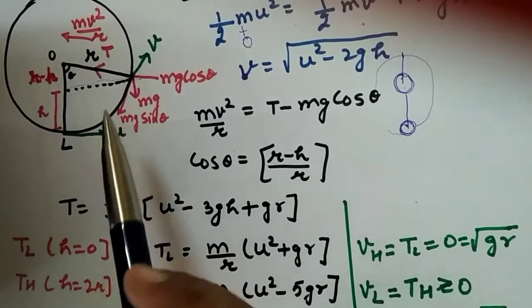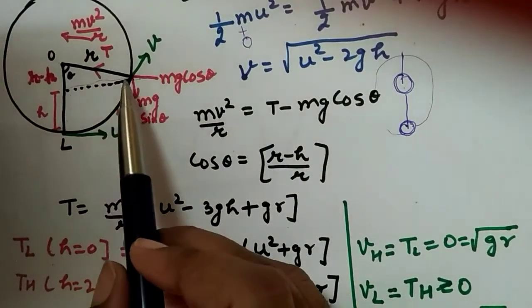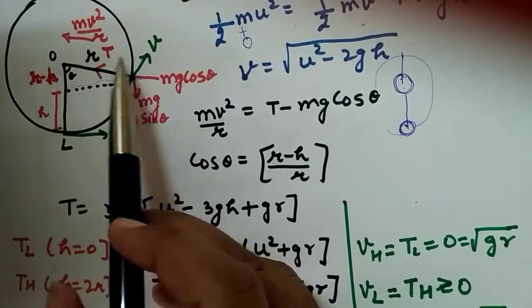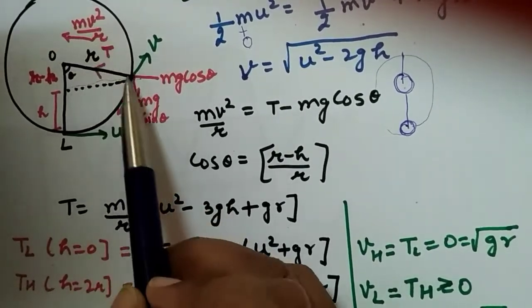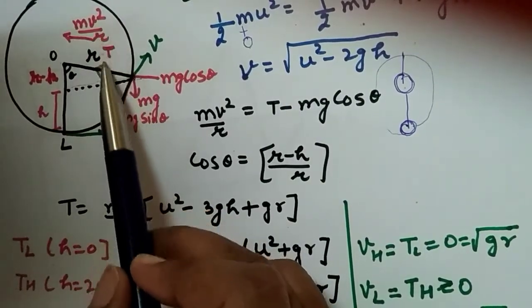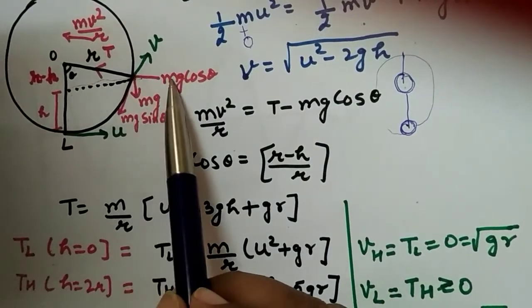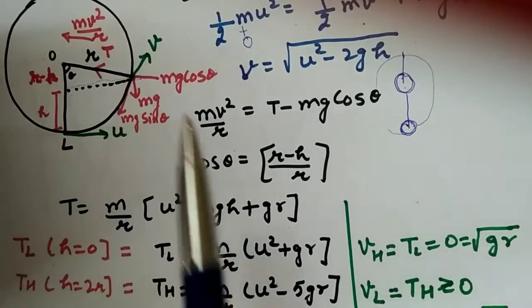Remember, when you are going on a circular track, you bend because you are feeling one kind of hidden force, a pseudo force pulling you towards the center, which is called centripetal force, and its value we write as mv square upon r. So tension and mv square upon r are both in the same direction. Weight is in this direction, so I will resolve the components of weight: mg cos theta and mg sin theta.